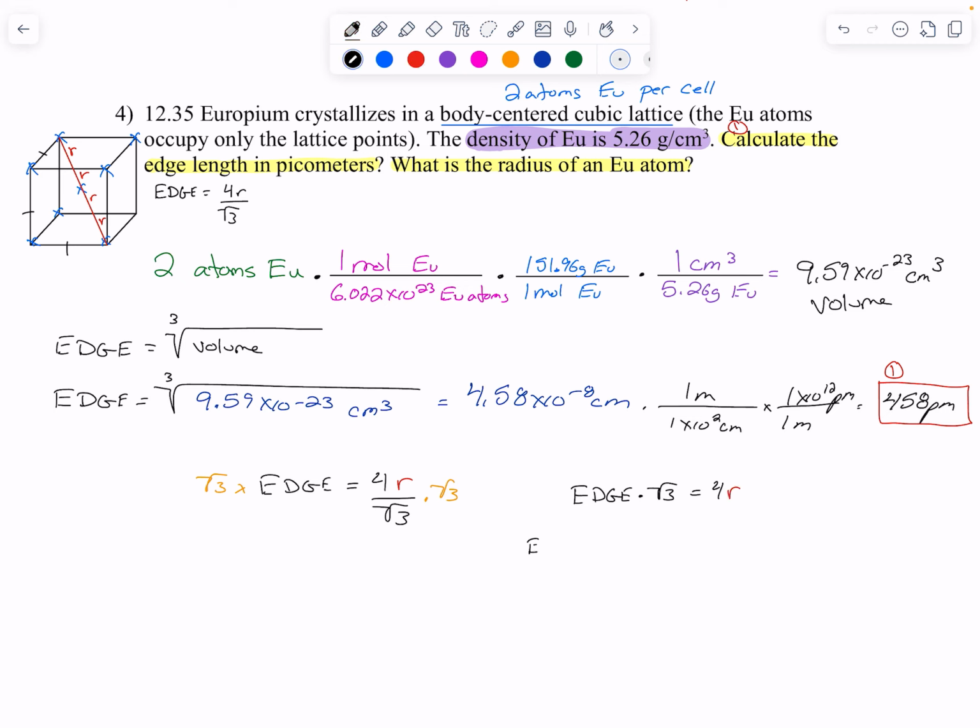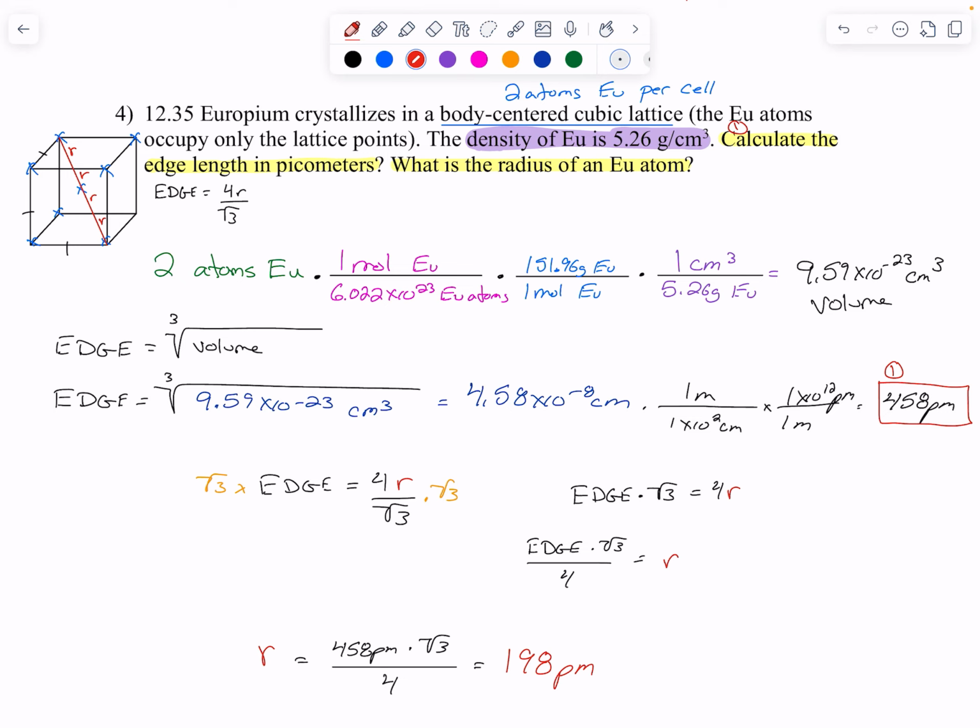So the edge times square root of 3 divided by 4 equals the radius. So the radius would equal our 458 picometers times the square root of 3 divided by 4. If I did that, 458 times square root of 3 divided by 4, I got 198 picometers.